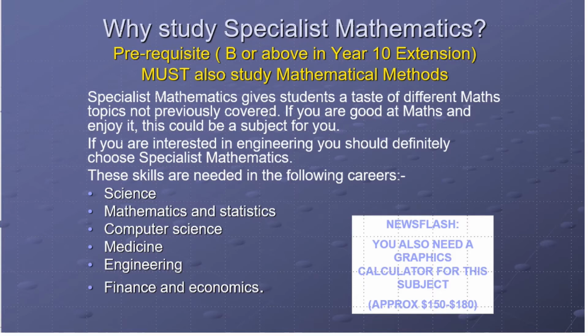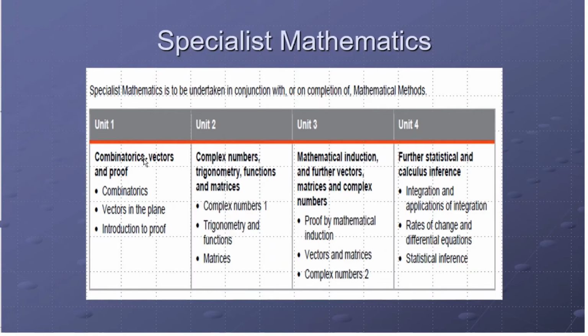Generally speaking, and I'll be honest, if you are thinking about a science course, then your choice is either between physics or specialist maths. There is overlap in the content. If we have a look at the units, we have this concept of vectors that goes all the way through. We have this concept of trigonometry, so you really can't do physics without having some grounding in vectors and being able to do trigonometry.